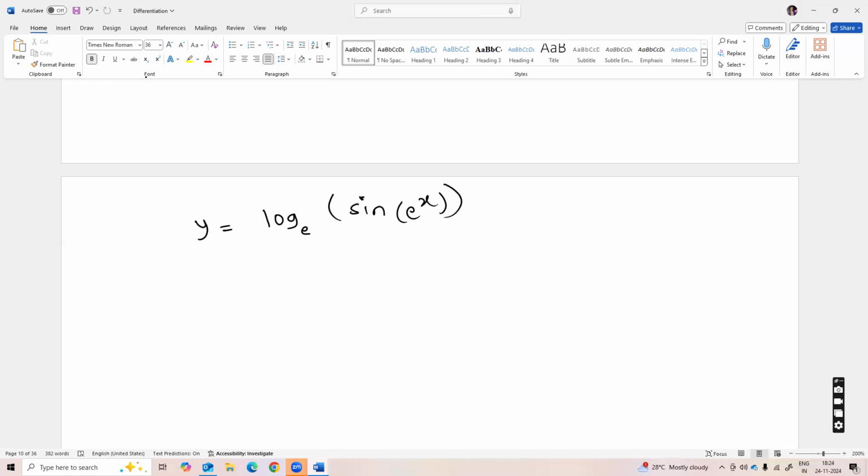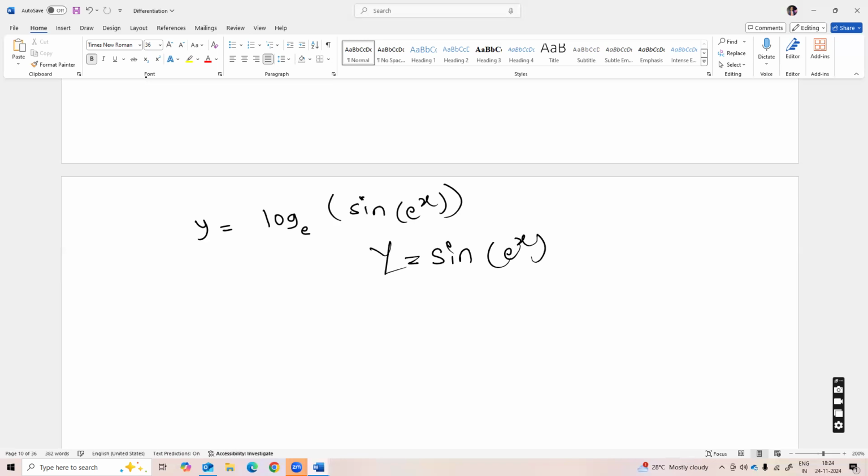So let's assume big Y is e to the power x, which is also a function of x. Then we will assume sin of e to the power x as some bigger Y.